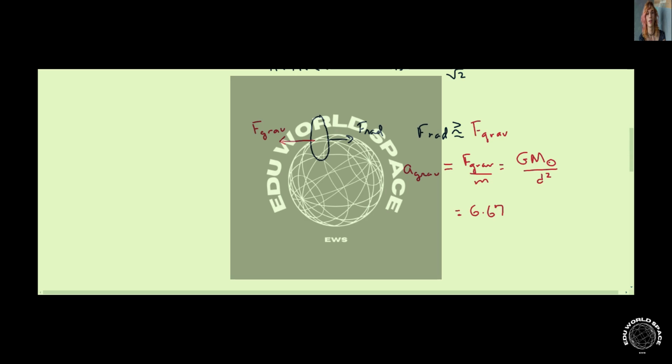So we put in our numbers, including the mass of the sun, and 1 astronomical unit in terms of meters. And we get a very small acceleration.